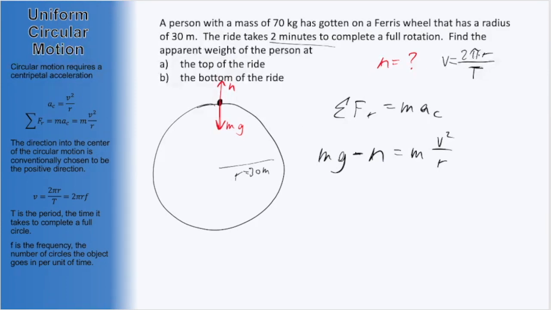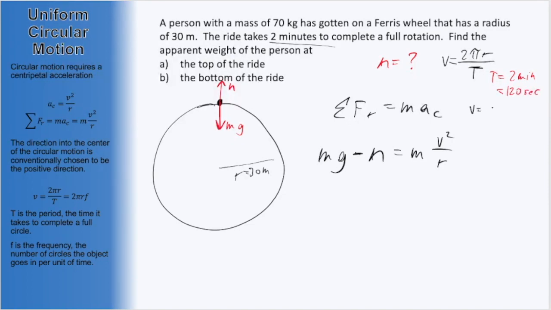So if you think about this equation, it makes sense. 2 pi r is the distance you travel around the circle, divided by the time it takes to do so, and that gives you a speed of some sort. Do pay attention that the period in this case was given to us as 2 minutes, which means we would have to convert that to seconds. Since there are 60 seconds in a minute, 2 times 60 will give us 120 seconds.